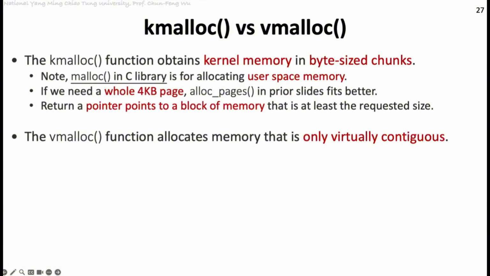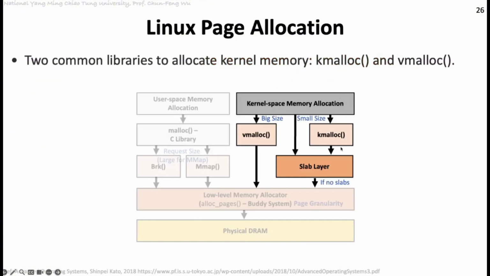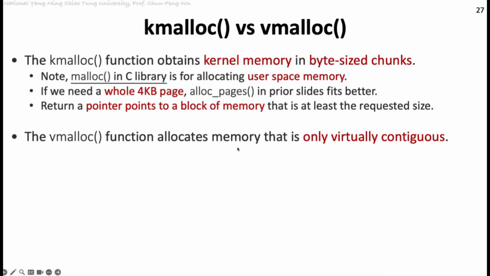So kmalloc in this figure works with the slab there. Okay. And then vmalloc is like this. It allocates memory that is only virtually contiguous.